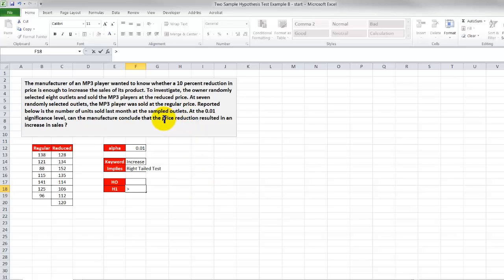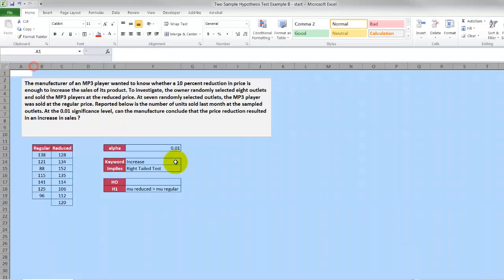We are looking for a price reduction, and whether that reduction has resulted in an increase of sales. So we are looking at the reduced price, so let's call that mu reduced. If mu reduced results in greater sales, then mu regular would be on the right-hand side. This is how I would recommend writing that statement.